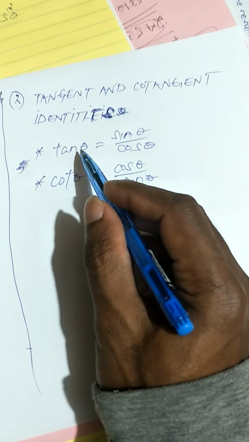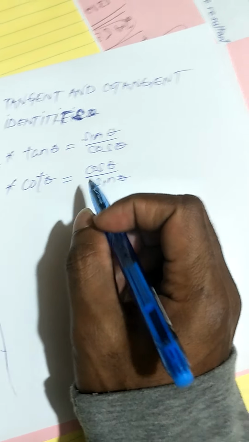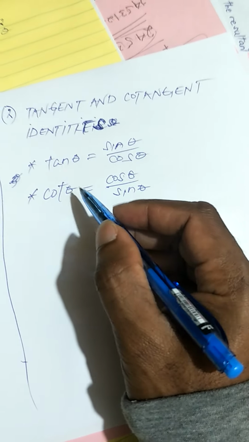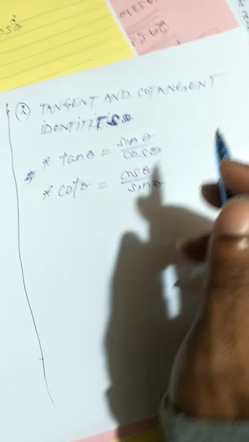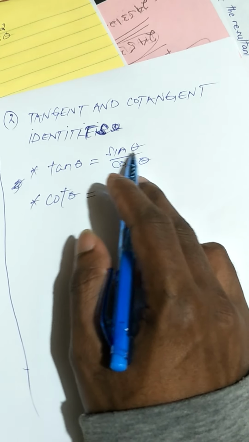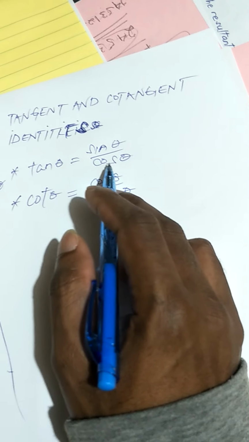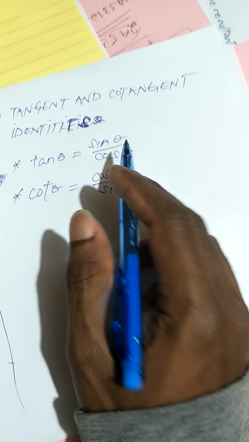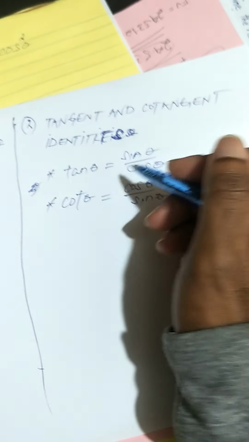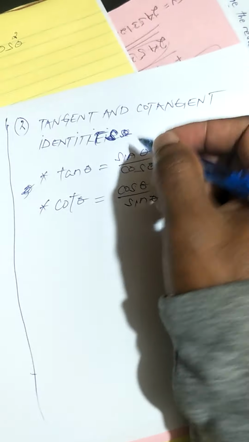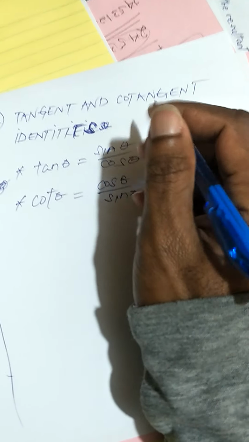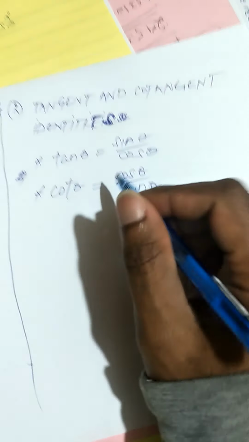So guys, let me explain one thing. As you can see, the relationship of tangent theta is opposite to cotangent theta. For tangent theta, at the numerator you will see sin theta, and at the denominator you will see cosine theta.